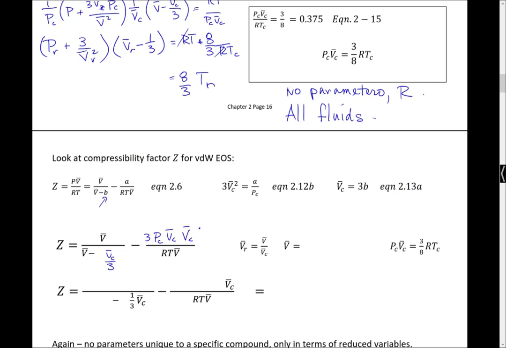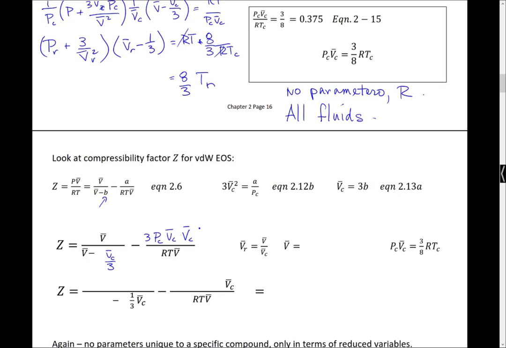And so it's pressure times the molar volume of the critical point squared. Again, that comes directly from this relationship, and we've used the previous state. Okay? All right, so what we can see here is I've got VC, the molar volume of the critical point, versus the one that we're interested in, and that gives me VR, all right? Okay? The other side of this is, we know that this PCVC is the same as 3/8 RT.